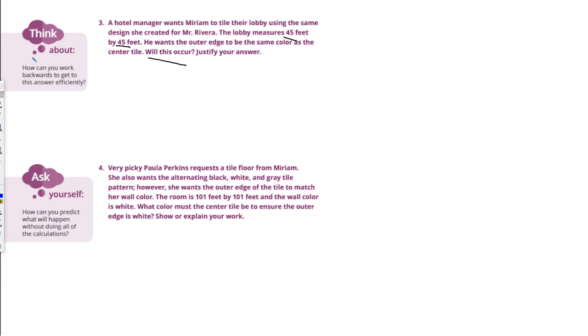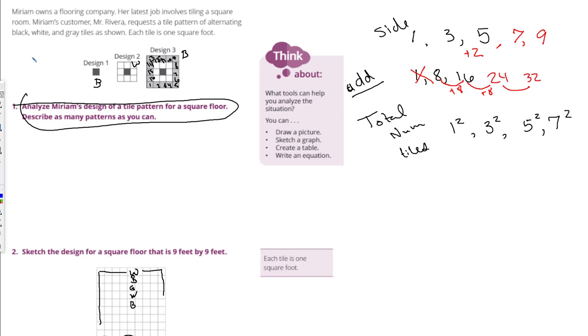And so, if I was to try to come up with a rule, we need to figure out how can I go from what side I'm in to find out the design number?